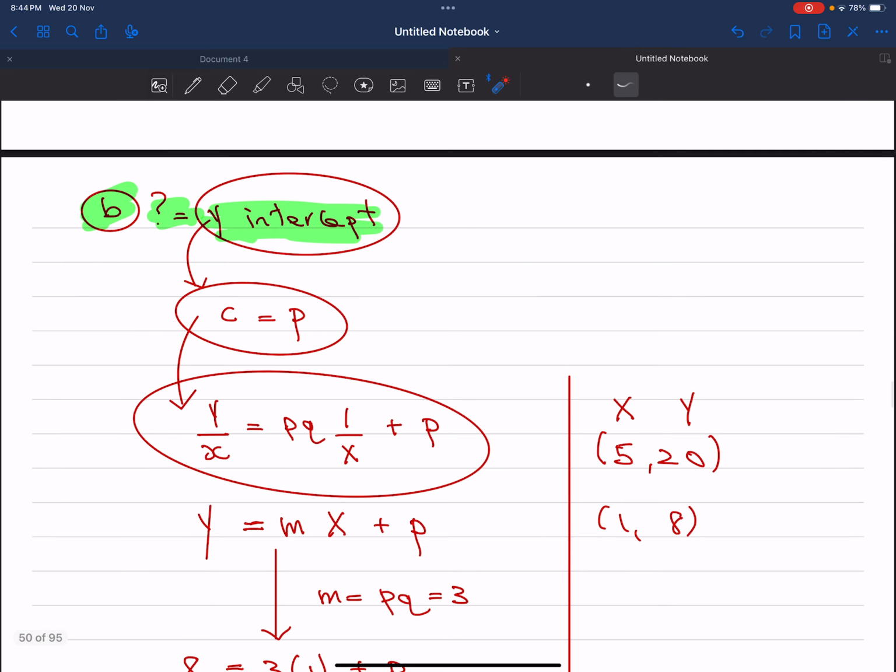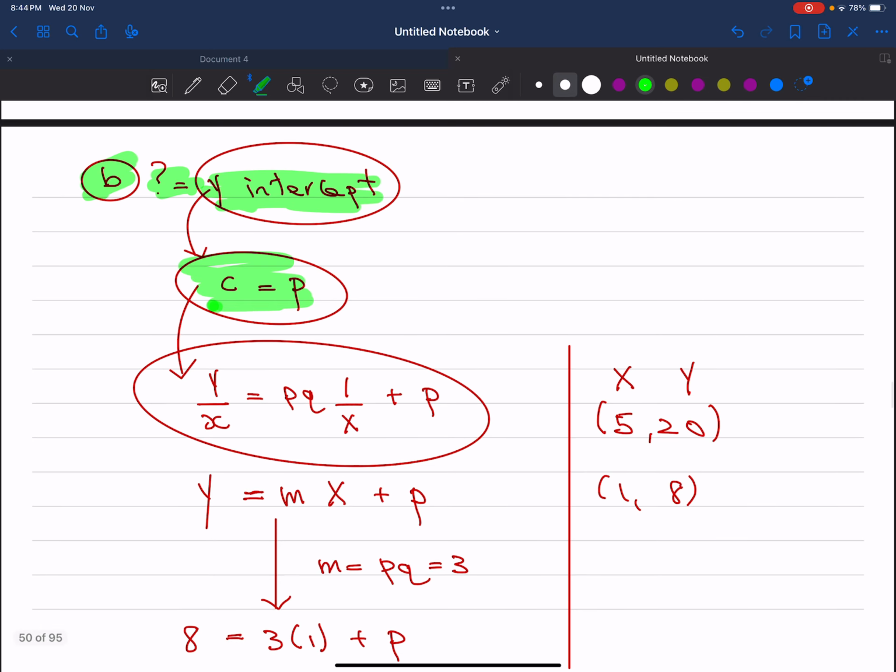So this y-intercept C is the same as p. I go back to the equation y over x equals pq times 1 over x plus p. You see, in order to find p, I go to the equation that has p.